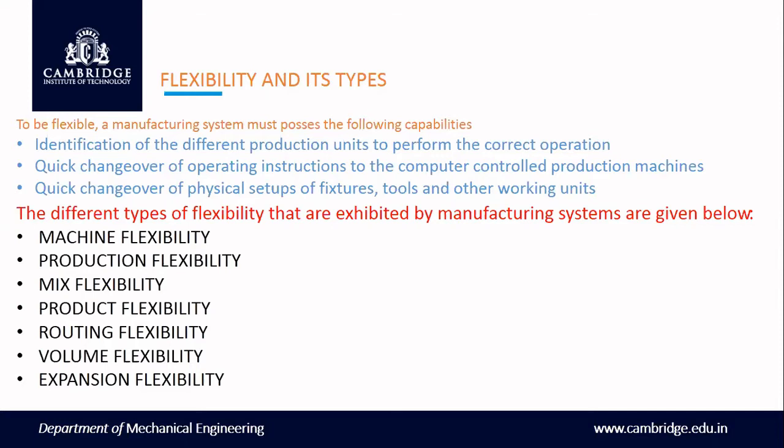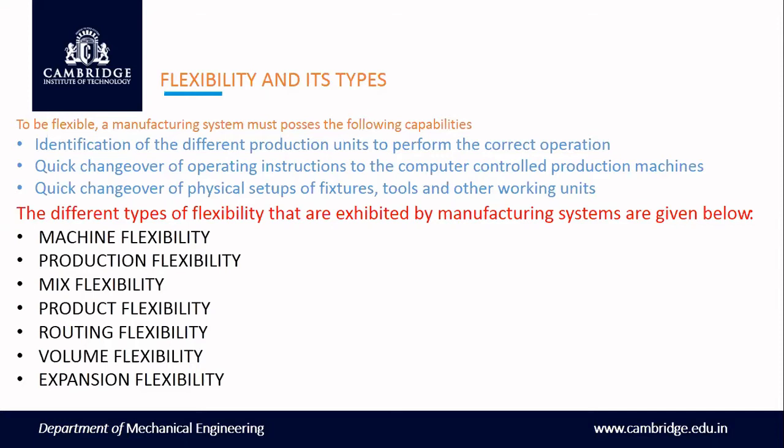Now the different types of flexibility that are exhibited by manufacturing systems are given below. There are n number of things, but with respect to your syllabus I am telling, one is machine flexibility, that is flexibility in the machine, production flexibility, mix flexibility, product flexibility, routing flexibility, volume flexibility, expansion flexibility. Now you can ask, sir, what is actually flexibility? Flexibility means changeover.